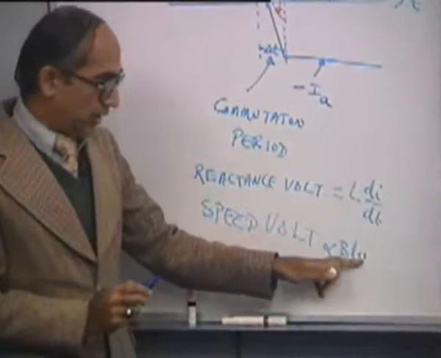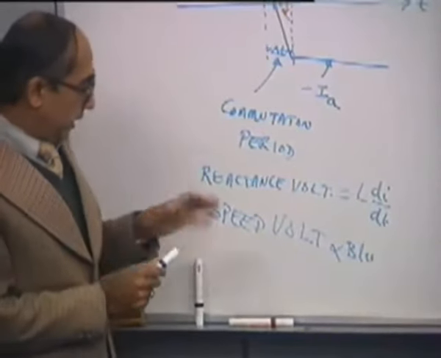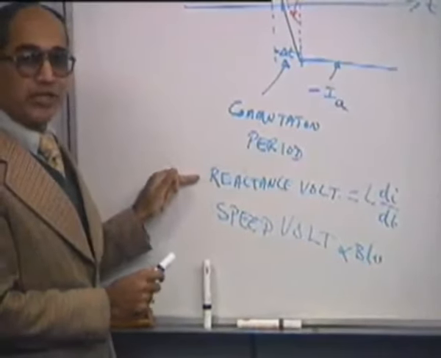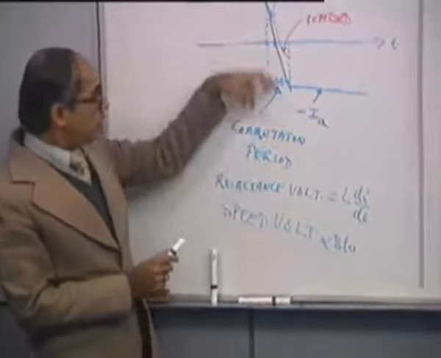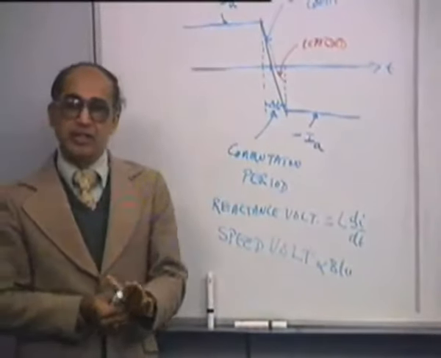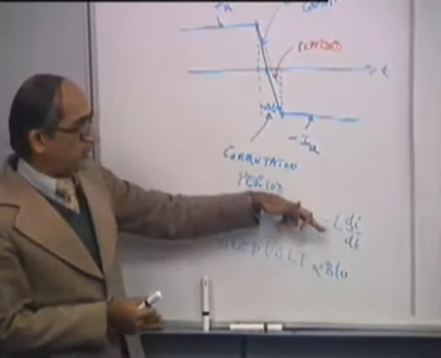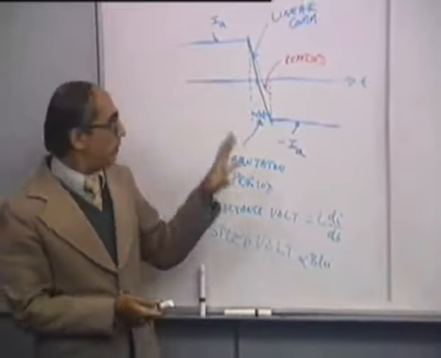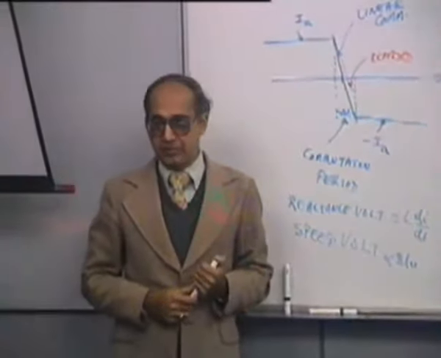Now if somehow the speed voltage opposes the reactance voltage, we can try to get a linear commutation. So net induced voltage in the commutating coil must be reduced, because there is a voltage due to its own self inductance, also mutual inductance from other coils as well. Okay, so this is a little complex physical phenomenon.